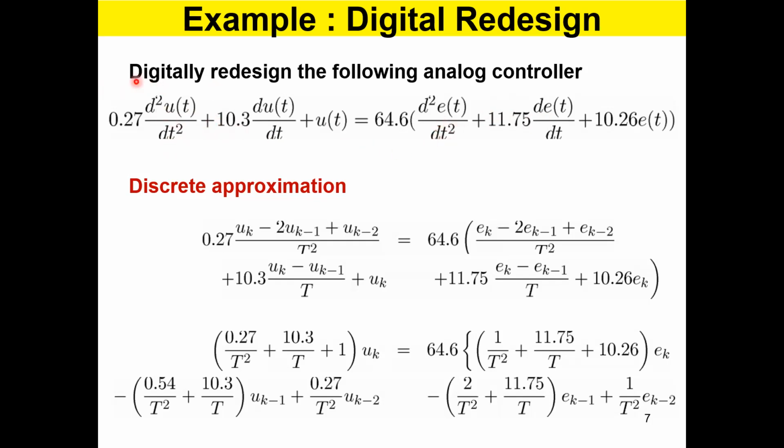So take down this part here, and send me by email your discrete controller.